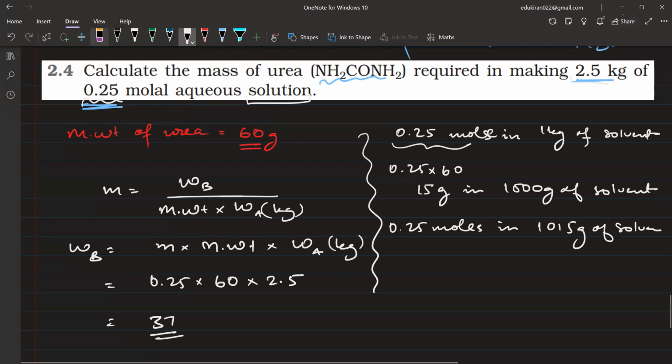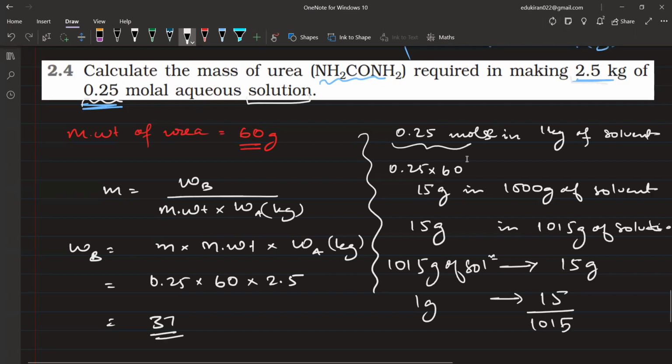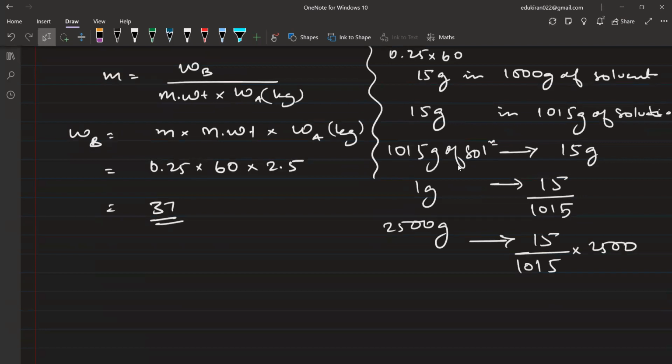That means we can say, or rather I should say, let us go with 15 grams. 15 grams in this many grams of solvent. 1015 grams of solution will be this; 1015 grams of solution contains 15 grams of urea. 1 gram of solution will contain 15 upon 1015. 2500 grams will contain 15 upon 1015 into 2500 grams of urea.